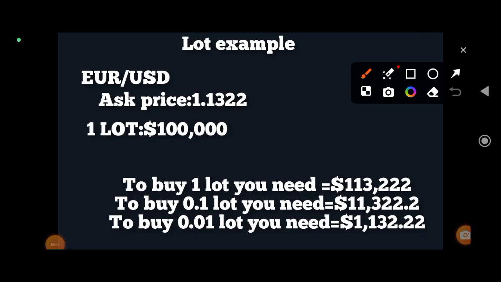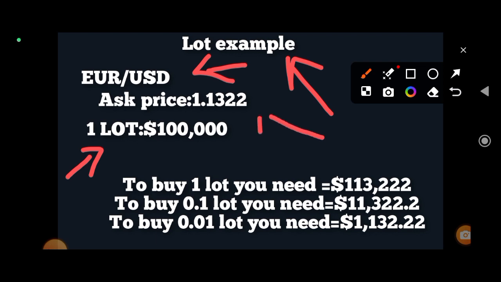So now let's move deeper into what lots are. As you can see guys, example. Let's say we bought Euro USD with 1 lot. For you to buy Euro USD with 1 lot, you have to multiply your $100,000 with this price. $100,000 times the ask price, which is 1.1322, is going to give you $113,222.